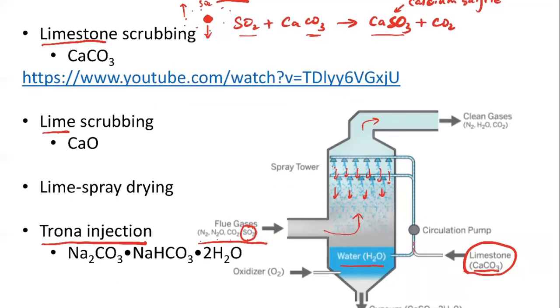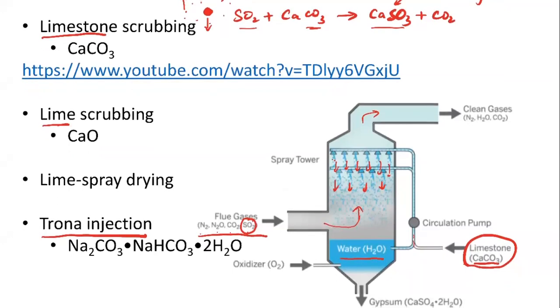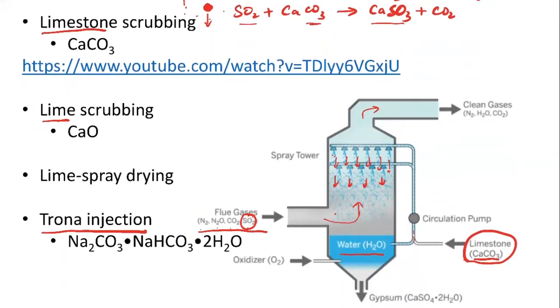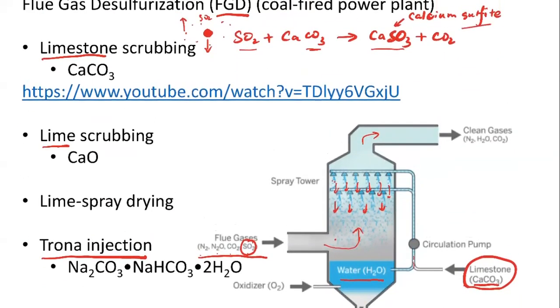So in this spray tower here, once the reaction takes place, finally these water droplets are going to fall down to this reservoir here, right? So this is going to be a solution containing water and also the calcium sulfide, okay? So we also mentioned that the calcium sulfide has a low solubility.